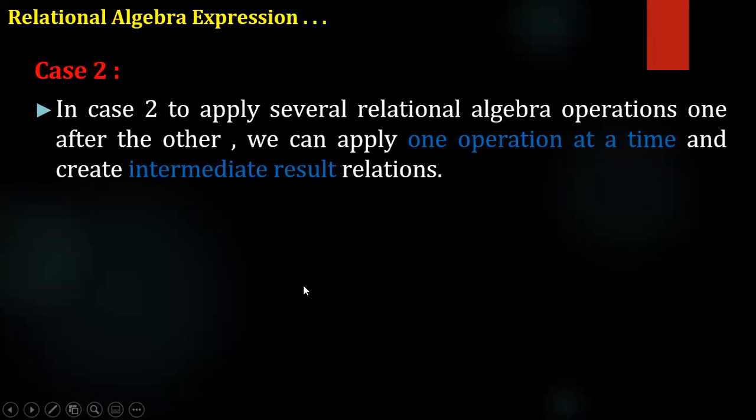In the second method, instead of writing all expressions as an inline single expression, we apply one operation at a time. After applying one operation, whatever result we get, we take as an intermediate result. Then the second query is applied on that intermediate result. Each intermediate result is stored in a relation.